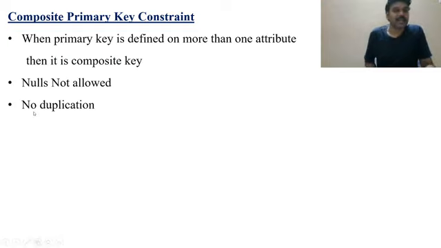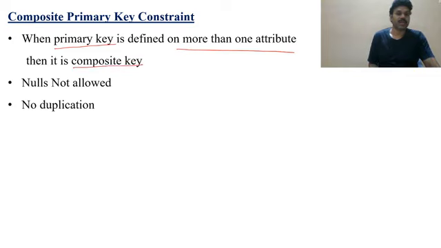The third variety of constraint is composite keys. What is a composite key? It's very simple. Whenever a primary key or unique key is defined on multiple columns, it is called a composite key. The same principles are followed: no duplicates and no nulls. Understand, friends?